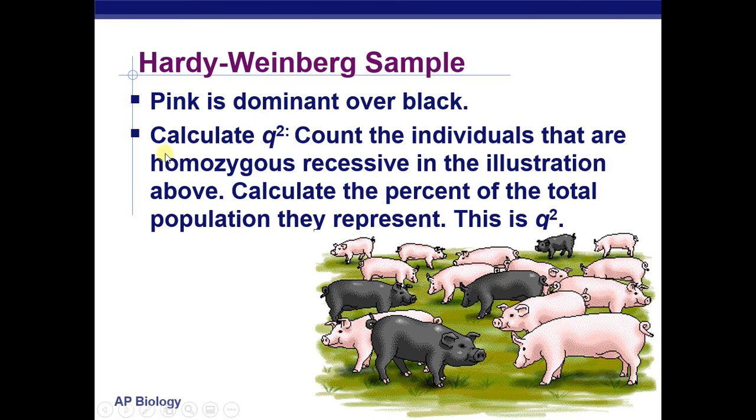So what we're going to do is calculate q squared by counting the individuals that are homozygous recessive, the black ones, and then calculating the percent of total they represent, because that will be our q squared, the frequency of the homozygous recessive genotype. So we have 1, 2, 3, 4 out of 16 is 25%.